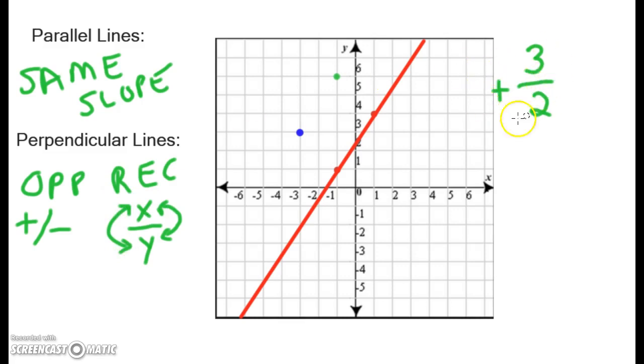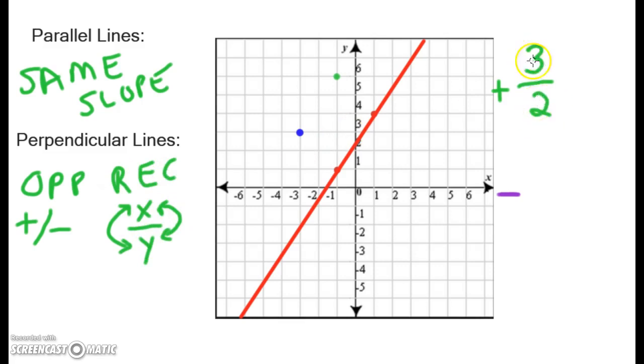All right, so if we're looking at this line right here, let me switch colors so that we're doing something different. Oh, purple, perfect. Okay. If this line is positive 3 over 2, and I want the opposite reciprocal, the opposite of positive is negative. One's positive, one's negative. Reciprocal, one's right side up, one's upside down.